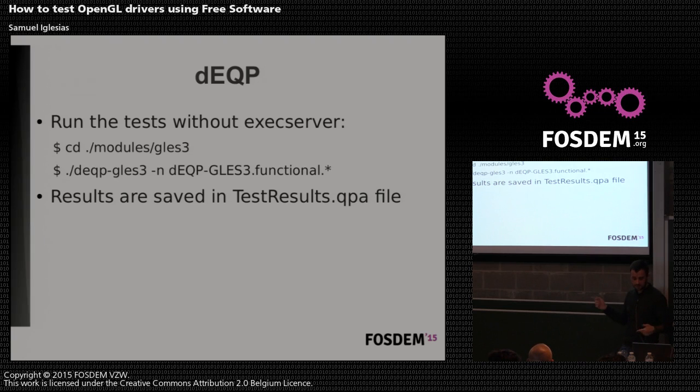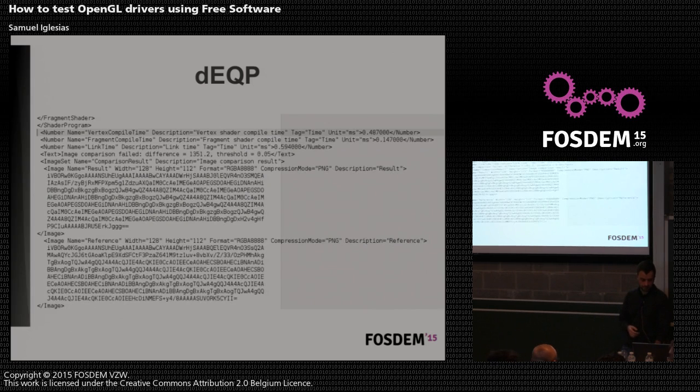The difference is that the name of the XML file will be testresults.qpa. The format is exactly the same. But in this case, the screenshot shows you the base64 images that it is going to generate.